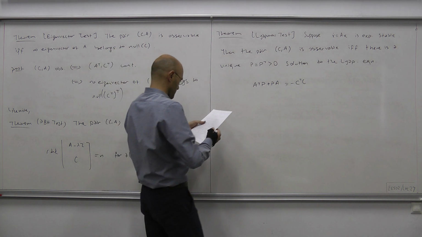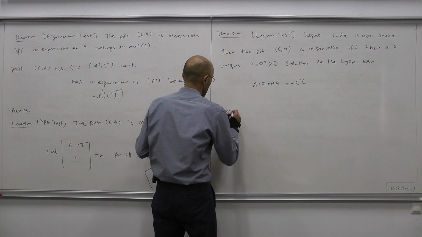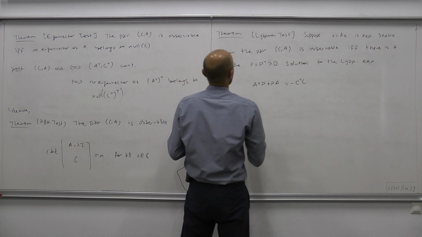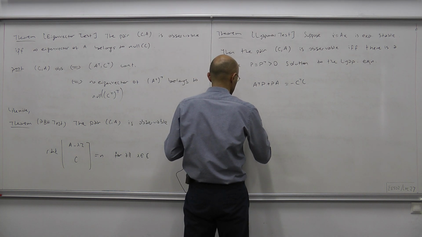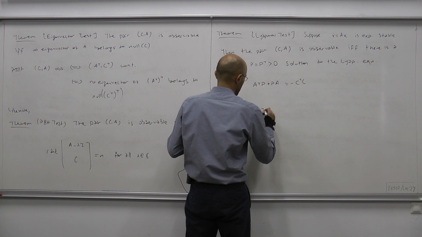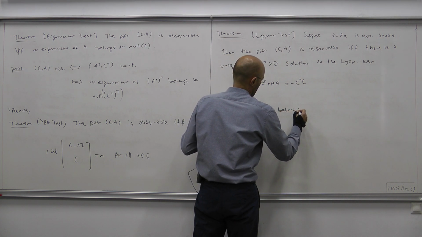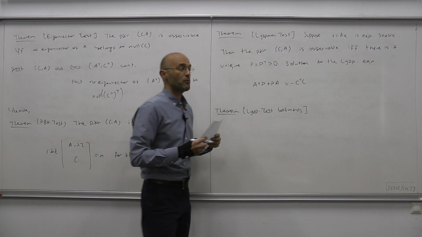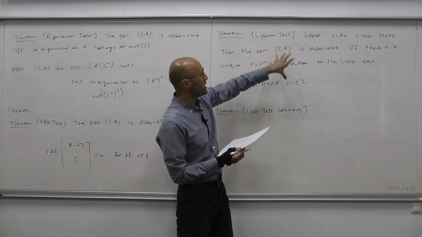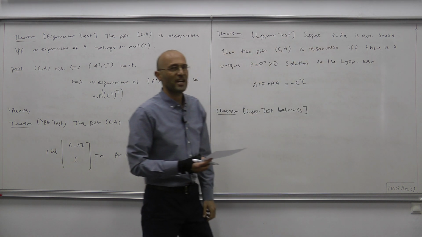And here is the other version of the Lyapunov test theorem. This is the Lyapunov test backwards, by which we mean that the previous statement is valid under the condition that the system is exponentially stable.